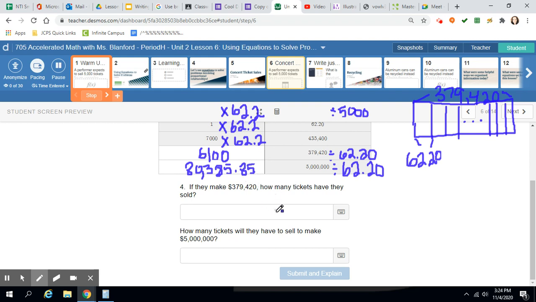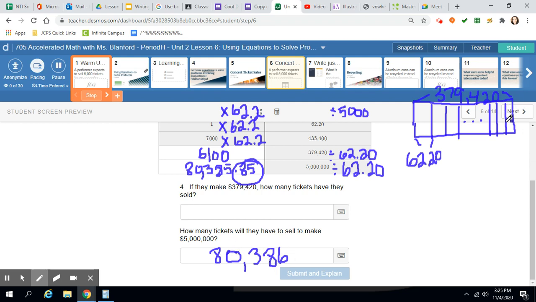So it's like a fraction of a whole ticket. You can't, right? If they really wanted to make at least $5 million, they'd have to sell 80,386 tickets, right? Because you can't sell that much of a ticket, so it has to round up to the nearest ticket. So this is how many tickets they'd actually need to sell.